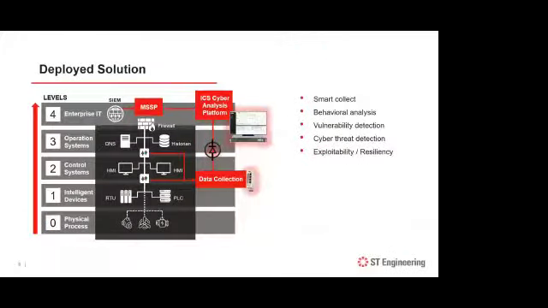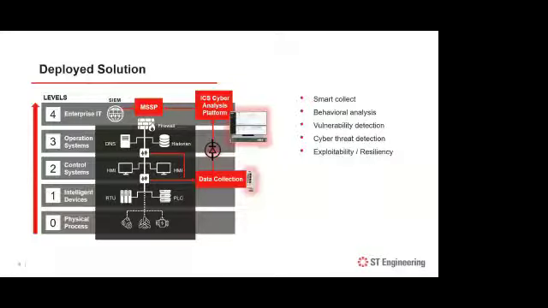This is a simplified representation of the OT environment where we have level 0 all the way to level 4. Within level 0, we can have turbine, motor, valves, actuators. Within level 1, we can have RTU, PLC, and level 2, we can have HMI, so on and so forth.